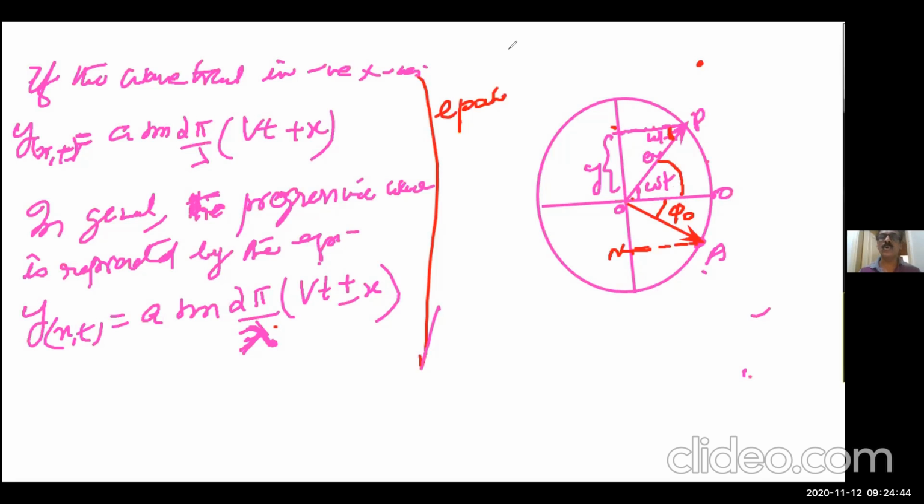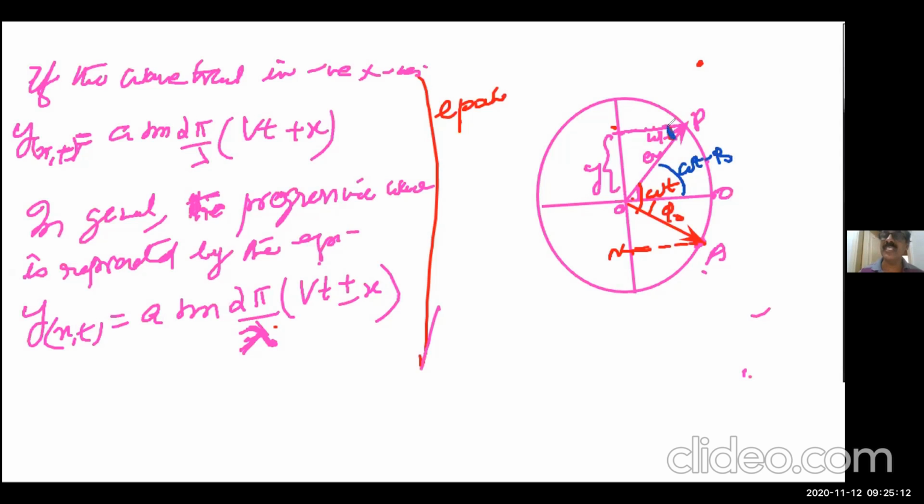If I am taking this as phi, this is omega t now, because I am observing from here to here. So from here to here, the time I consumed, this one is omega t. This is phi naught. Then what will be this side? Omega t minus phi naught. Yes, this point will be omega t minus phi naught.